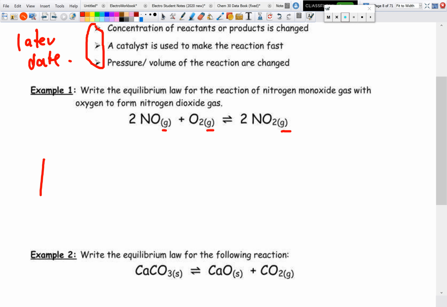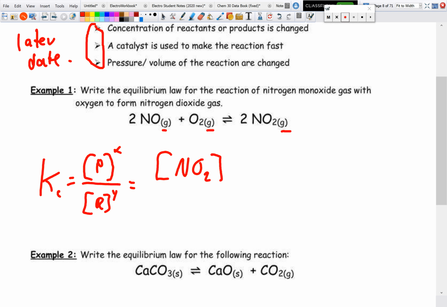So you have to remember, the equilibrium law is equal to the concentration of the products raised to a power over the concentration of the reactants raised to another power. Our product is NO2. If we knew the concentration of NO2 gas, that is going to be in our numerator, and the molar coefficient goes up on top.